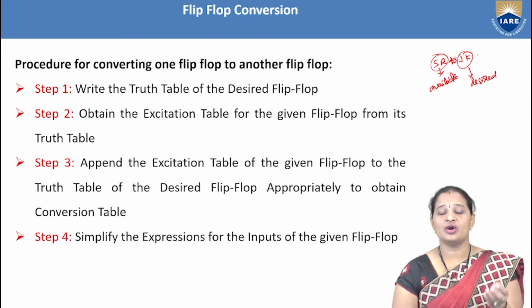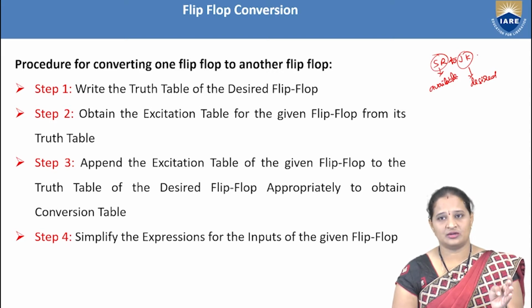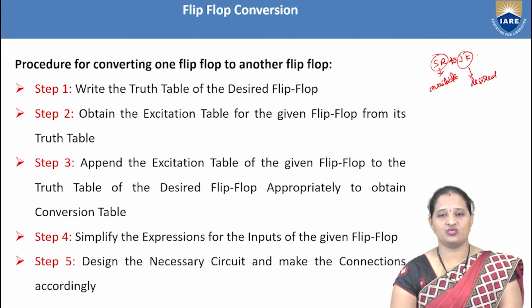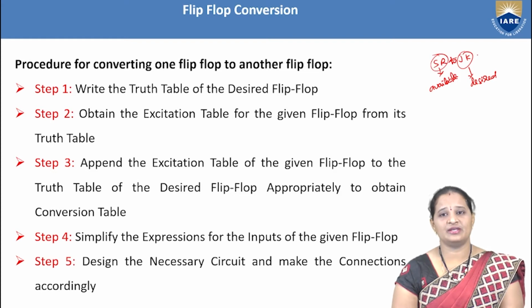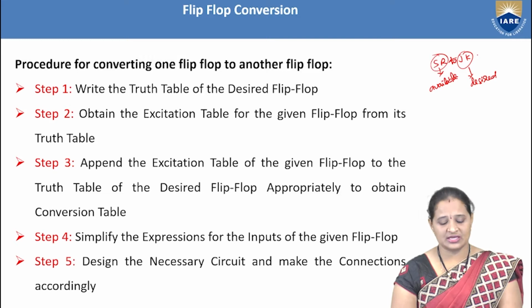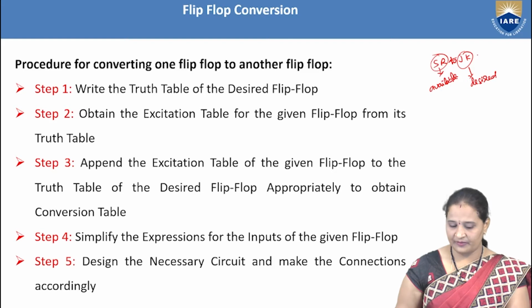So we need to get the input expressions of the SR flip-flop in terms of the desired flip-flop inputs and the present state. That is the fourth step. After getting the equations, the last step is to design the necessary circuit and make the connections such that we can convert one flip-flop into the other flip-flop. So step 5 is to design the necessary circuit and make the connections accordingly.